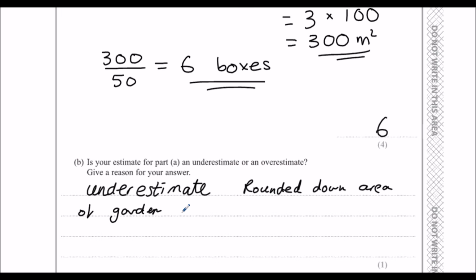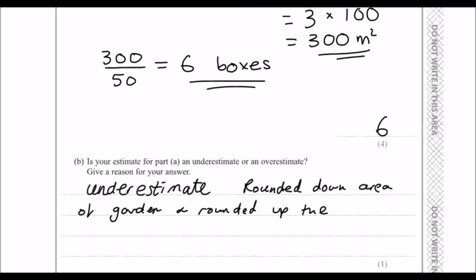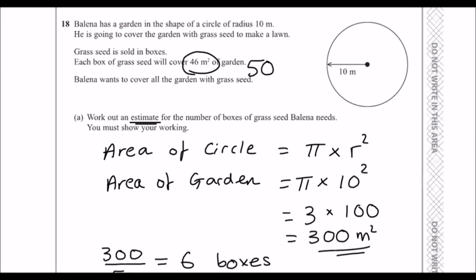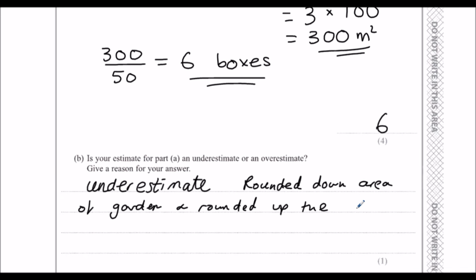And we've rounded up the amount each box covers. So we've rounded down the area of the garden. It's actually bigger than 300 meters squared. And we've rounded up how much each box of grass seed can actually cover. So we're actually going to need more than 6 boxes.